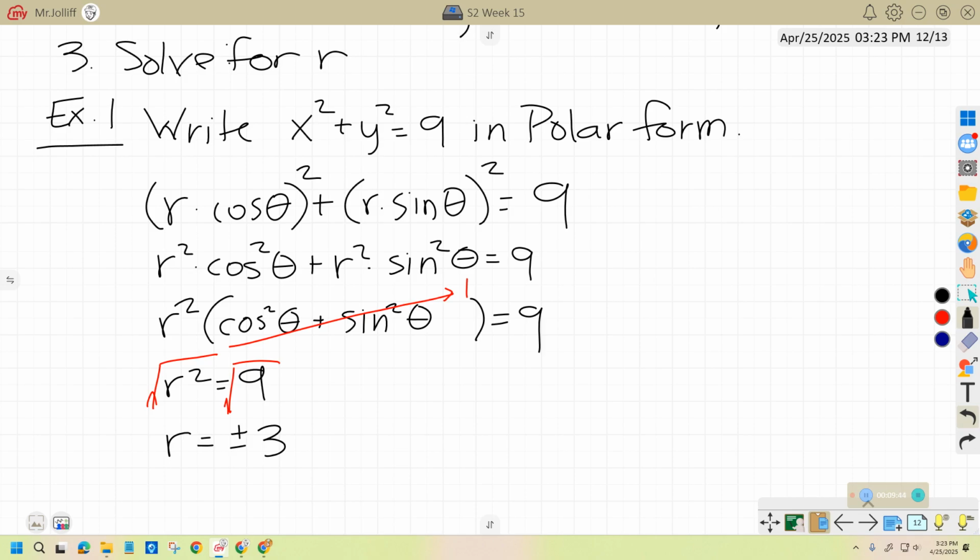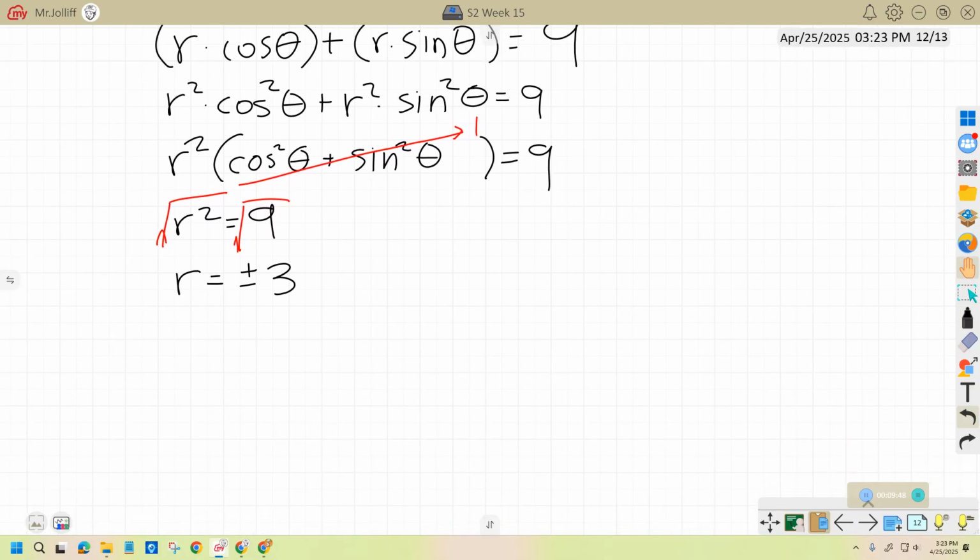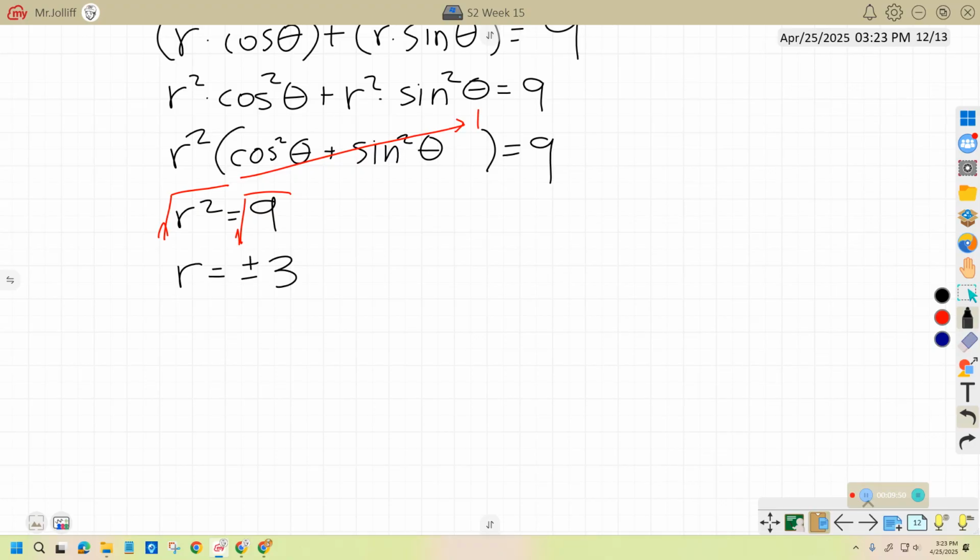The fact that I got 2 numbers tells me that my original equation, x squared plus y squared equals 9, and both of those, x equals positive 3, x equals -3. Not x, r. Oh my gosh, nobody called me on it.